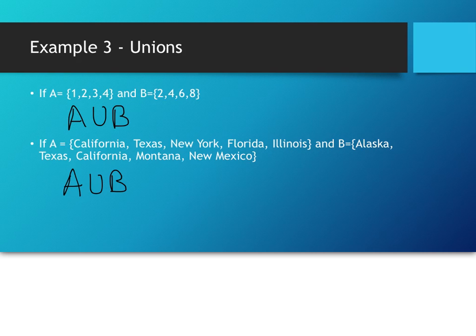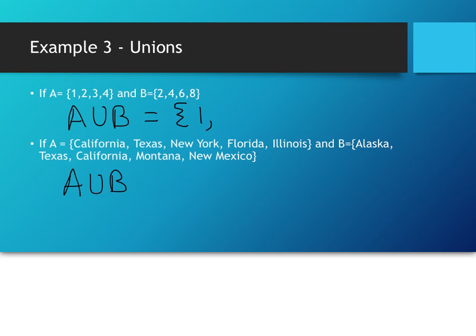All right, so in the first case, again, we're trying to throw these things together. Since the number 1 is in A, it's going to be in the union. Everything that's in A is in the union, and everything that's in B is in the union. If you look at the number 2, it occurs in both places.